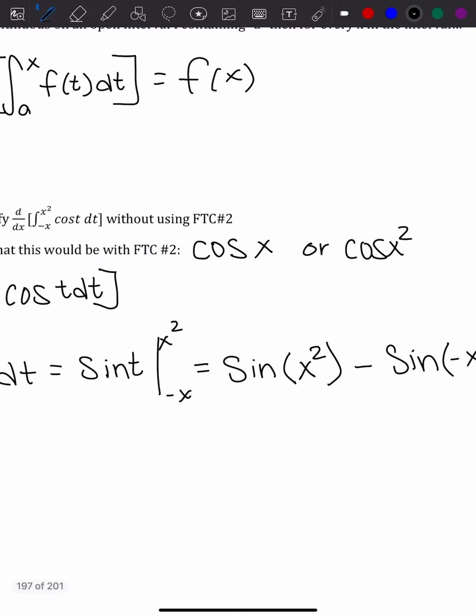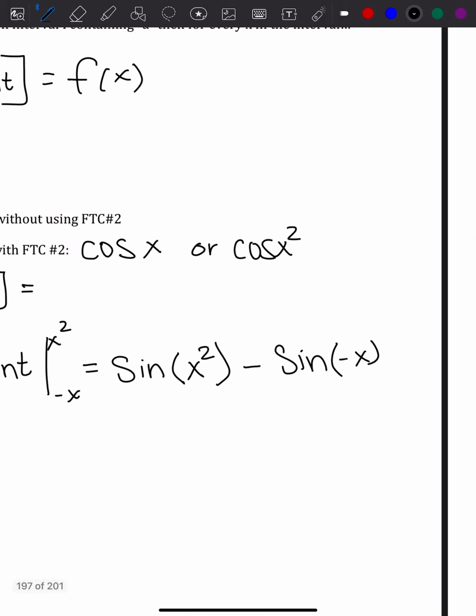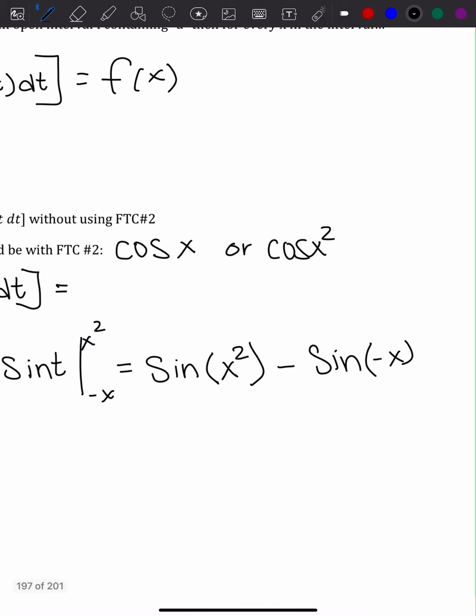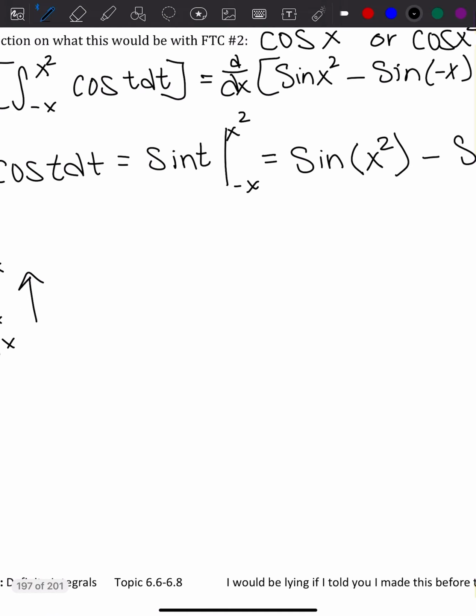So right now the integral of this inside piece is equal to sine of x squared minus sine of negative x. So we want to take the derivative of this. We're going to do that down here just so we have a little bit more room.